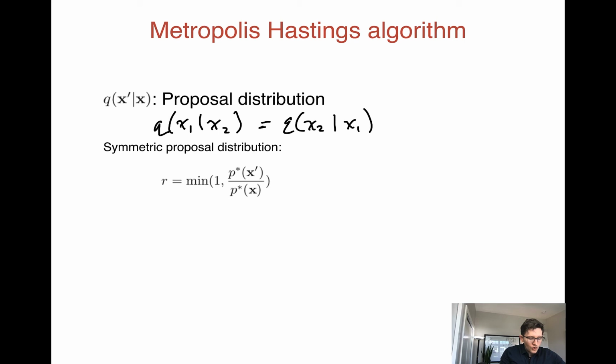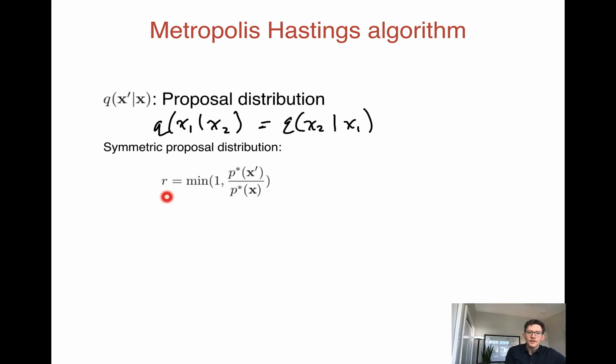So we're going to figure out this ratio, and then this has to be a probability. So if the probability of x prime is higher than probability of x, this is a value greater than 1. So we're going to take the min of this and 1 to bring it down to 1.